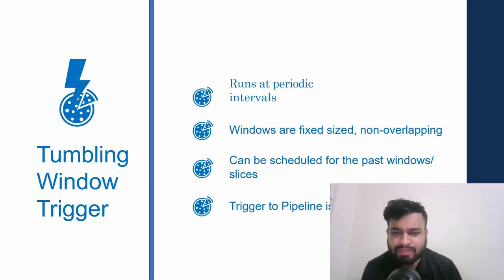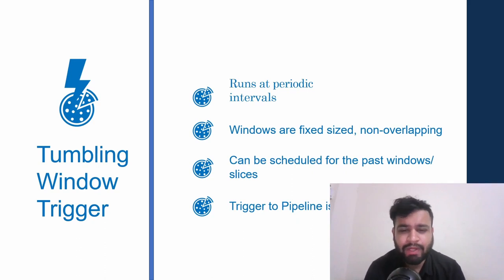So consider the scenario in which you need to replicate data from a database into the data lake on a regular basis, and you want to keep it in separate files or folders for every hour or so. For implementing this type of use case, you will have to set a tumbling window trigger for every 1 hour or every 24 hours according to your needs.